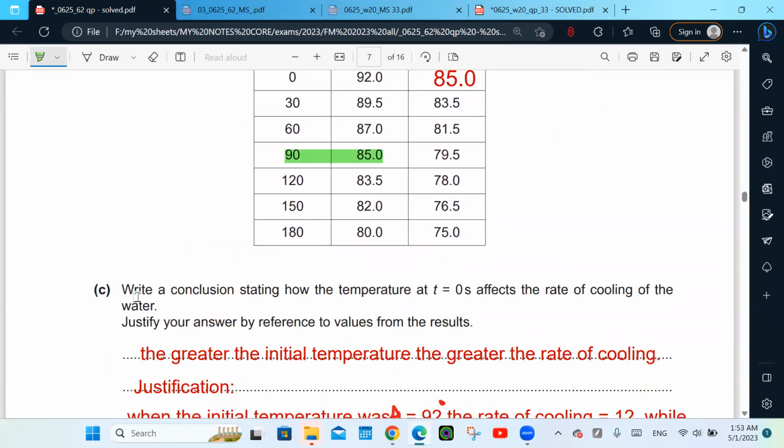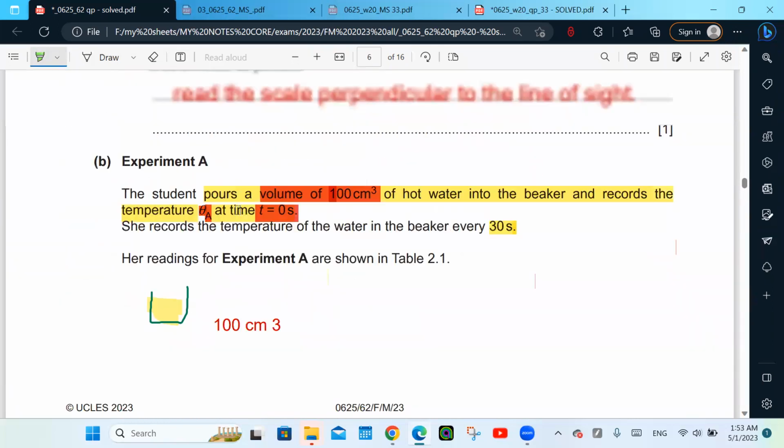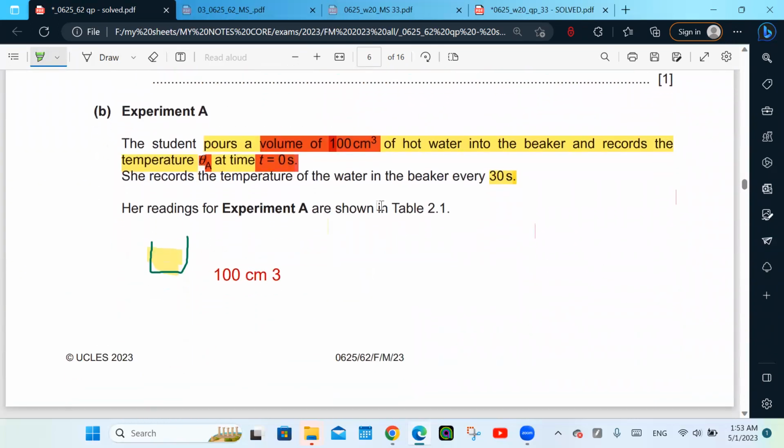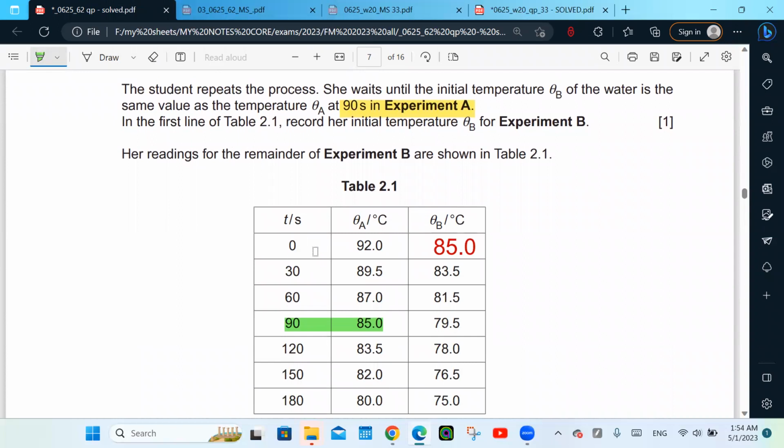Okay, here in the question part C: write a conclusion stating how the temperature at t equals 0 affects the rate of cooling of the water. So we need to give a conclusion from the table about our results. Here you have the results of the two experiments, experiment A and experiment B. In experiment A, we start and record the initial temperature at the beginning, and the time starts from 0 seconds.